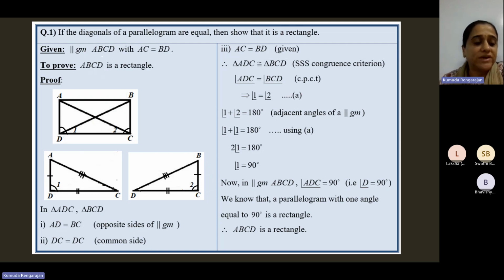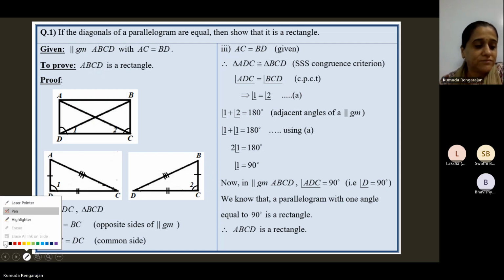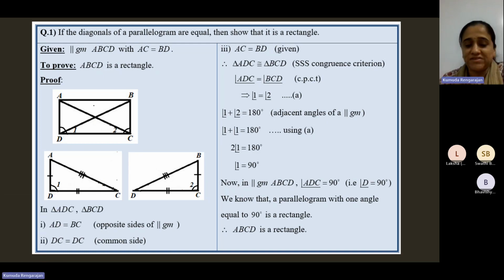So we're given a parallelogram ABCD where the diagonals are equal, and you have to show it's a rectangle. How do you show it's a rectangle? The thing is always how to start. The definition will tell you.